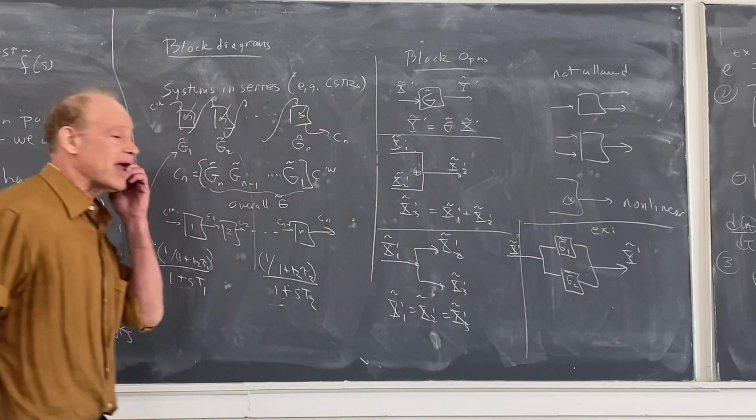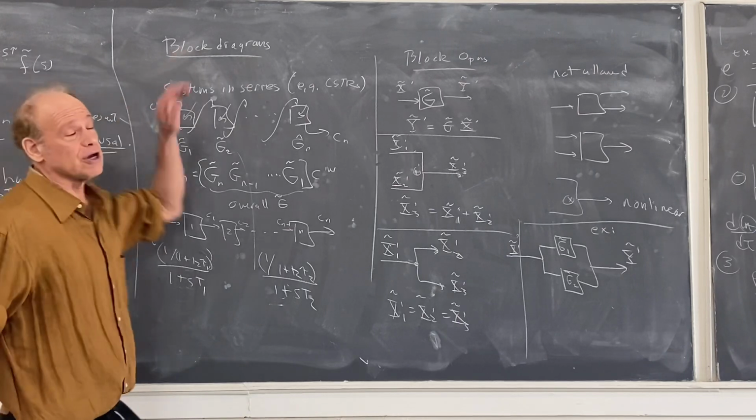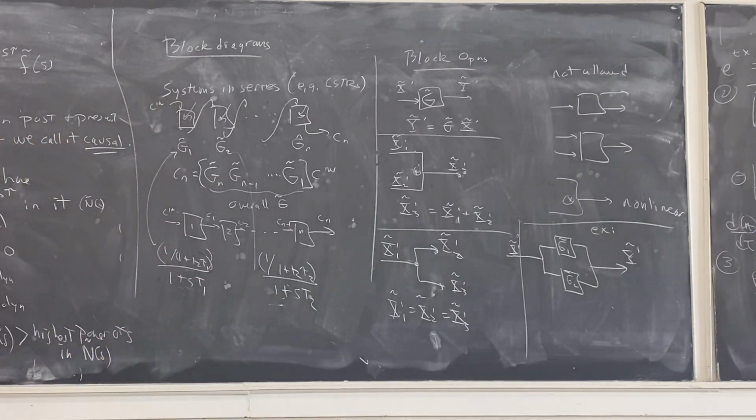And I'd like to figure out from the G tildes... notice this is great. I can have lots of pieces of equipment. For each piece of equipment, I know the G tilde. But I would like to get the G tilde for the whole process. And that's the nice thing about block diagrams. It allows me to construct the G tilde for the whole process from the G's of the individual pieces.